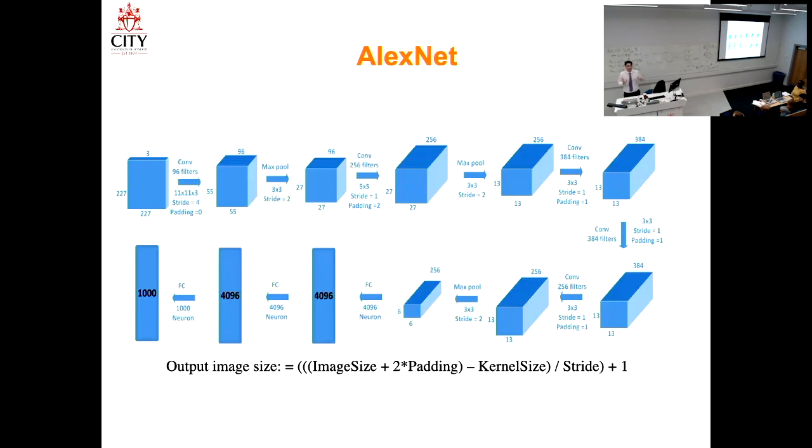We don't know what they are. Then we train this model on something like ImageNet with 1 million images, with 10 million images, and it takes about 3 weeks on a proper GPU to train this model. If you have a good GPU and you want to train AlexNet on ImageNet, it takes about 3 weeks' time.